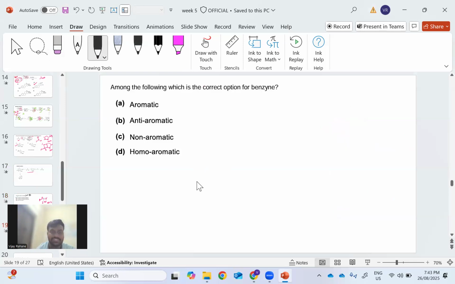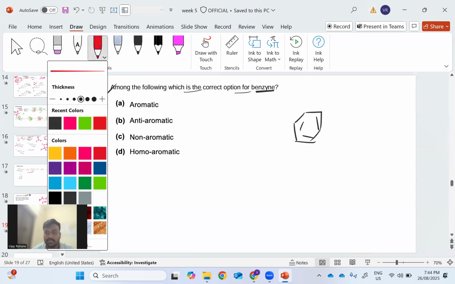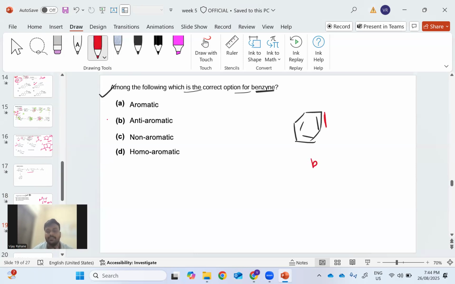The next question is here. Among the following, which is the correct option for the benzyne? If you look at the structure of the benzyne intermediate, basically the benzyne intermediate is the one which has the 2 extra electrons, right? So this is the benzyne intermediate. And if you look at the pi electrons, there will be one electron, there will be another electron.